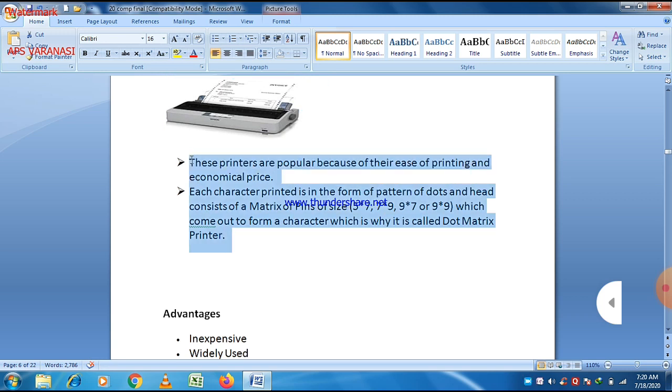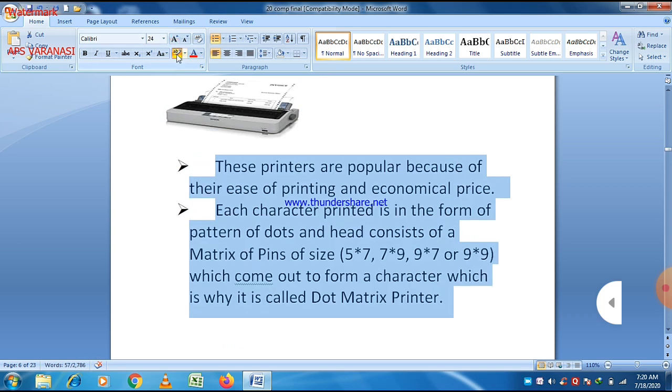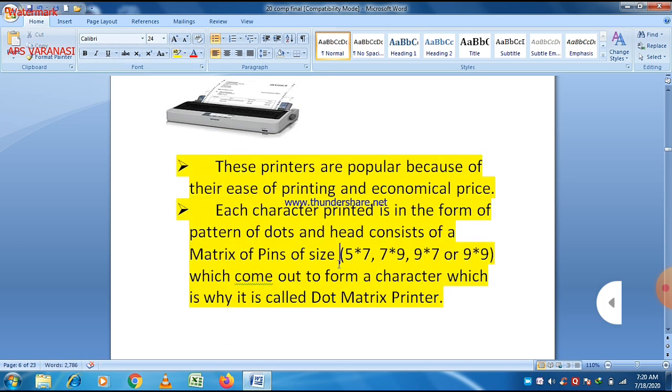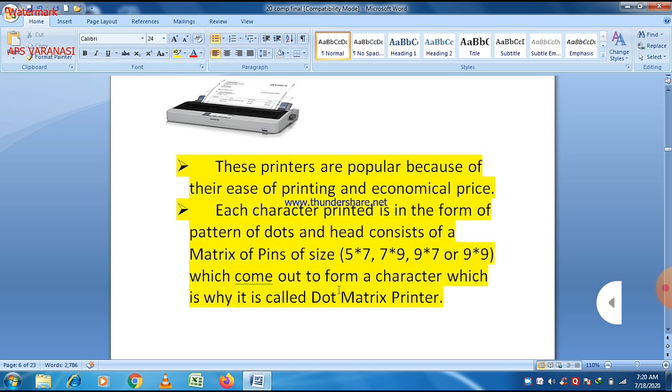These printers are popular because of their ease of printing and economical price, and each character is printed in the form of a pattern of dots, and the head consists of a matrix of pins of size 5 by 7, 7 by 9, 9 by 7 or 9 by 9, which come out in the form of a character, which is why it is called the dot matrix printer. So these are the two important points regarding dot matrix printers.